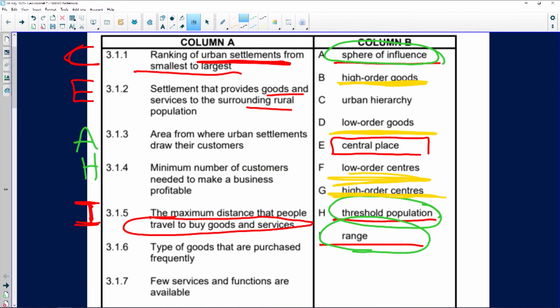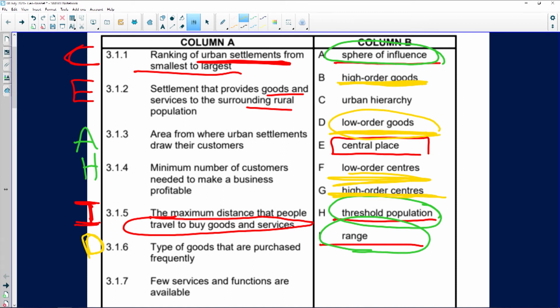So you will rather find that type of service in a place like Johannesburg, a conurbation. So let's just quickly go back to our question. The type of goods that are purchased frequently, that's question 3.1.6. And the correct answer will be low order goods. We buy bread and milk on a daily basis, we're returning for them maybe twice a week, once a week, maybe 3 times a week. So the correct answer over there is going to be D.